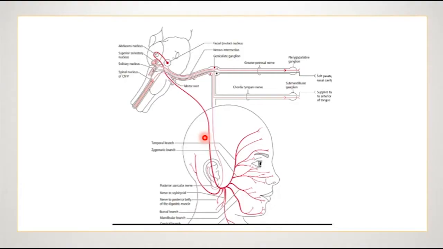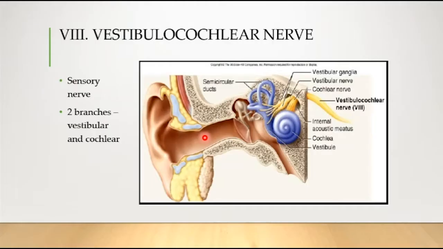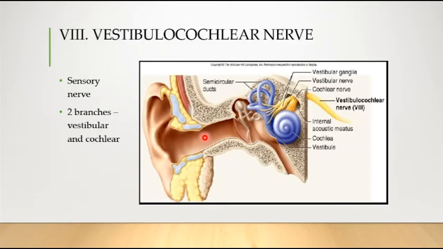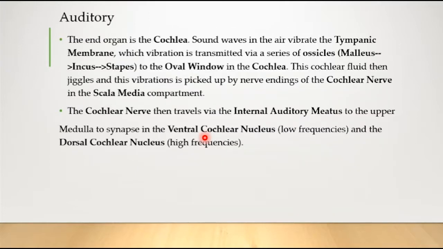Okay, so we've talked about the upper motor and lower motor differentiation being very important. We'll go through the vestibulocochlear nerve. It's a sensory nerve. It has two branches, the vestibule and the cochlea. The cochlea is auditory. It receives sound waves from the tympanic membrane, transmitted through the ossicles to the oval window into the cochlea. Then the cochlear fluid jiggles and the vibration is picked up by the cochlear nerve.